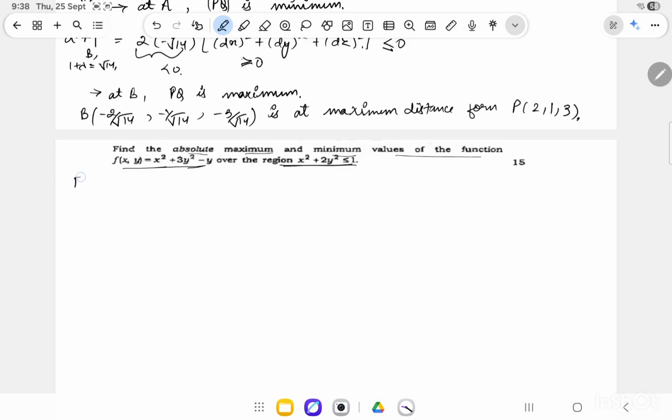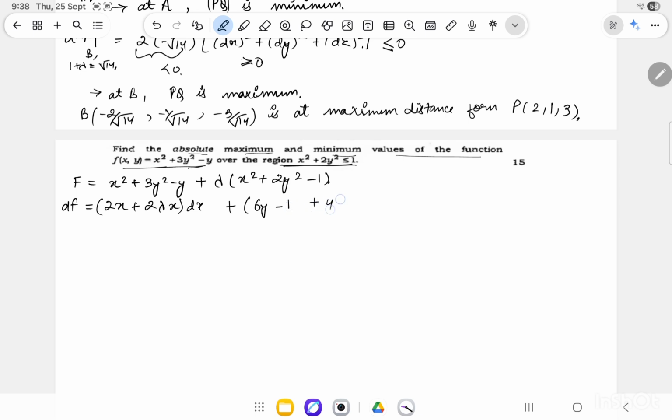So let's define our function capital F, that would be x square plus 3y square minus y plus lambda times x square plus 2y square minus 1. So if I take its total derivative, that will be 2x plus 2 lambda x into dx plus 6y minus 1 plus 4 lambda y into dy.